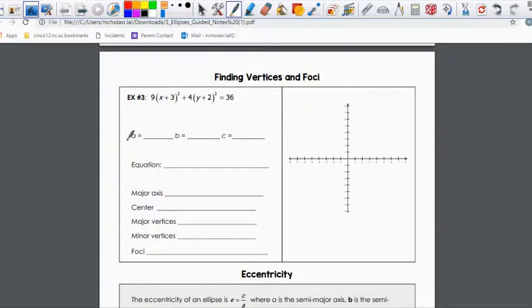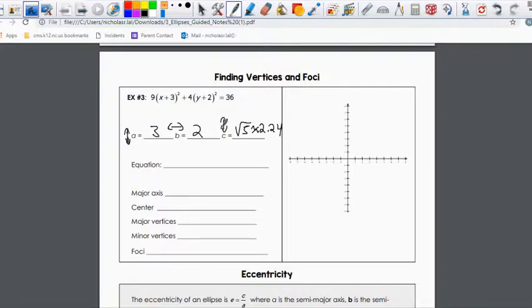So we have A as 3, B as 2, and C as the square root of 5, which is equal to 2.24.